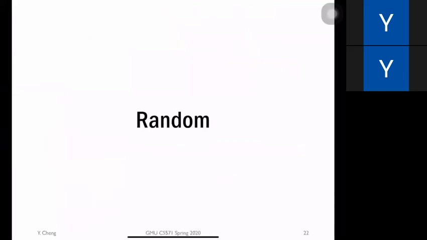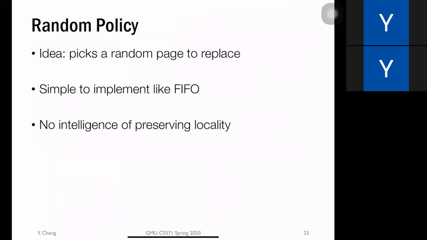Okay, so next, let's move on to the second basic cache replacement policy, which is called random. The idea is, again, really straightforward. You just pick a random page. You run a pseudo-random number generator, pick whatever page is returned by the random number generator, and replace it.